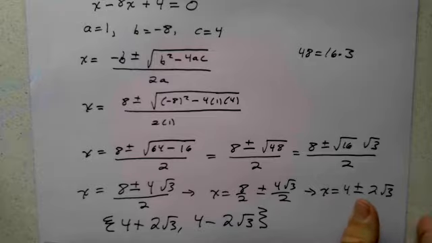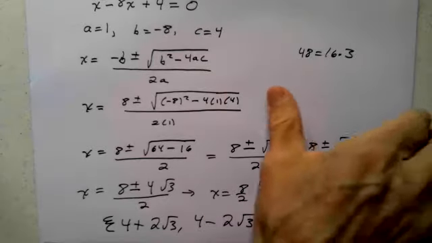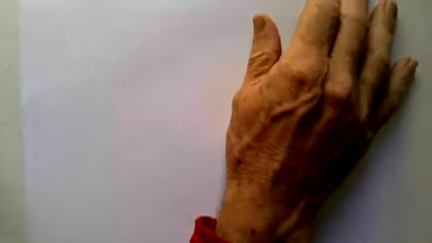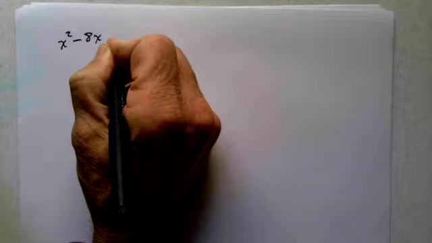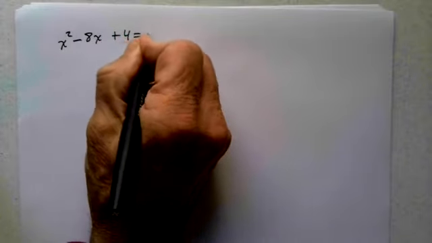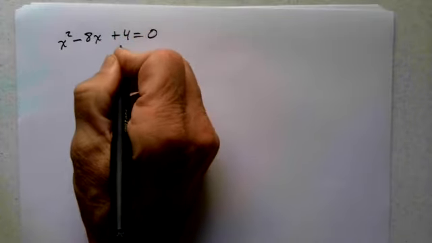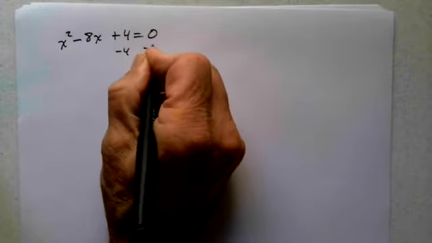Now let's try to solve it with completing the square. Again, the question is x squared minus 8x plus 4 is 0. Let's add -4 to both sides.